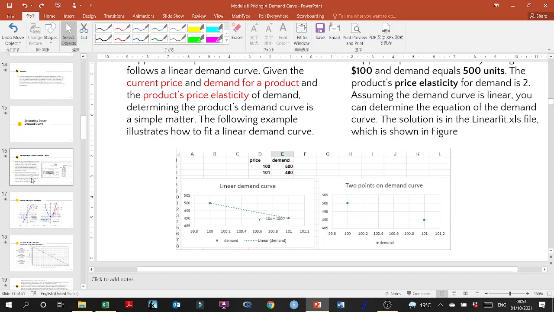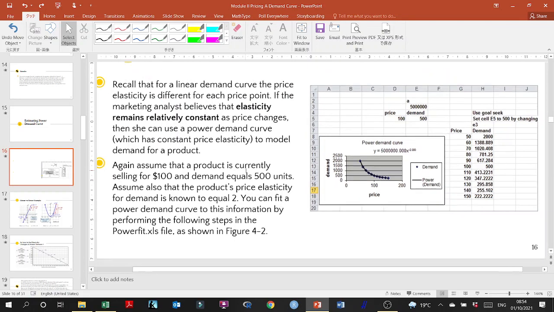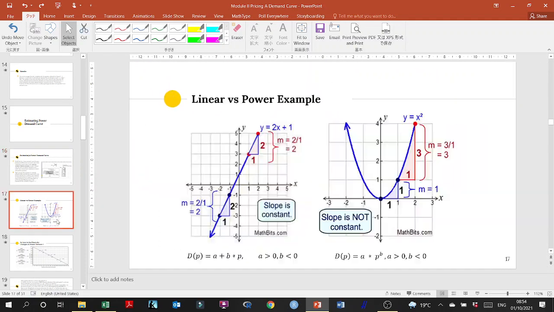All right, let's talk now about the power curve. The difference between any linear curve and any power curve in general is that the slope is constant in linear functions. The slope is the level of skewness, if I could say.